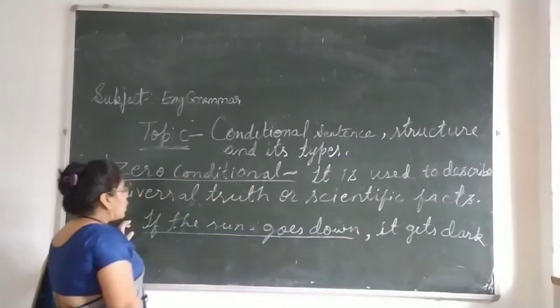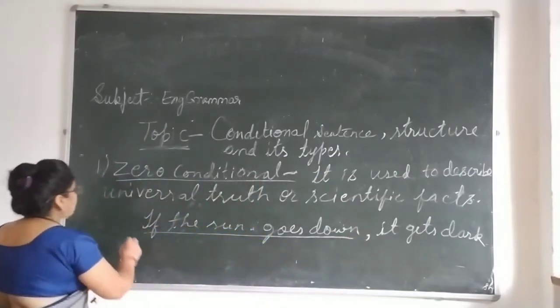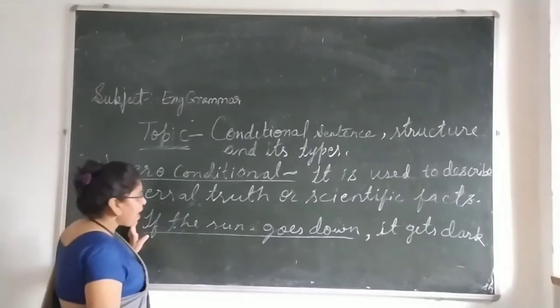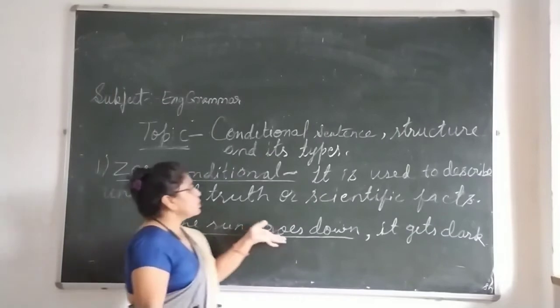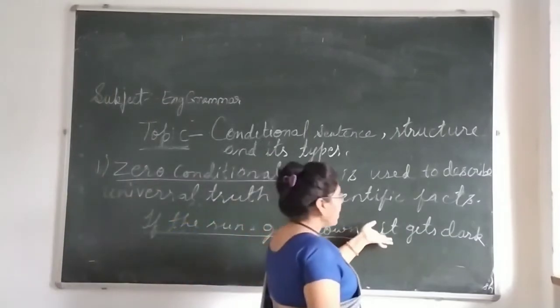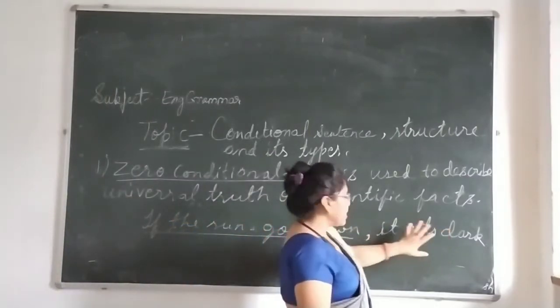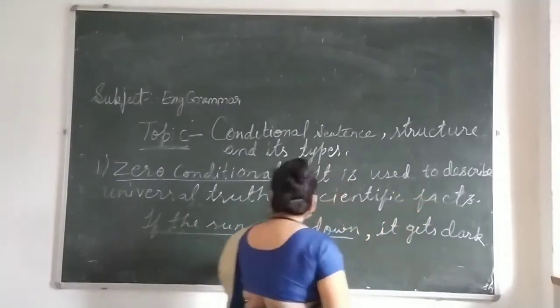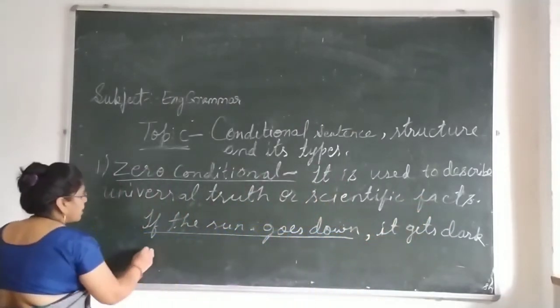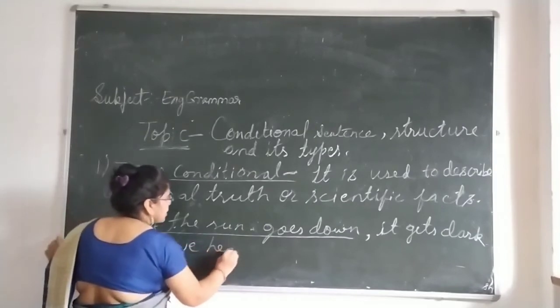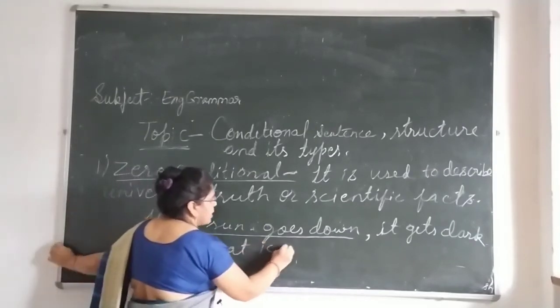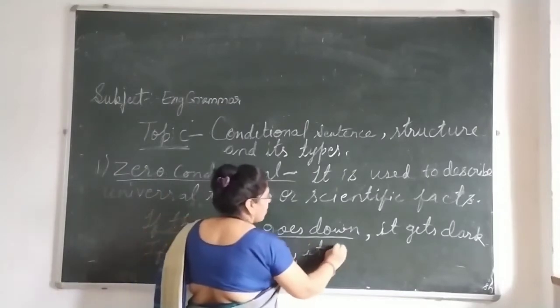Clear? So here, this is the first example. It is the natural fact, it is the scientific fact also. If the sun goes down, what happens? Definitely it gets dark. This sentence is based on the fact. Okay, one more example I will take. If we heat ice, it melts.